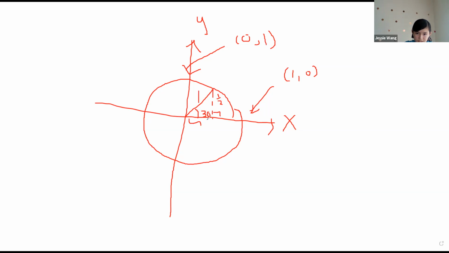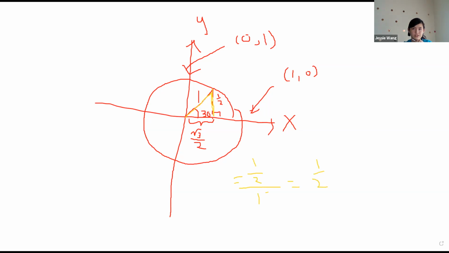And so this side is going to be equal to root 3 over 2, as this is a 30, 60, 90 triangle. So now if we're looking at sine of 30 degrees, and let me switch colors, that is this yellow side over the hypotenuse. So we're going to get 1/2 over 1, which is just equal to 1/2.